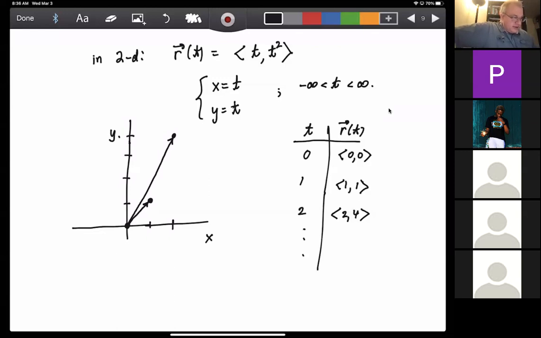Notice that we can actually eliminate the parameter between these component functions or these parametric functions. y is equal to t squared, but x is equal to t.